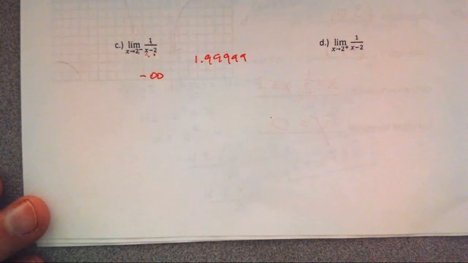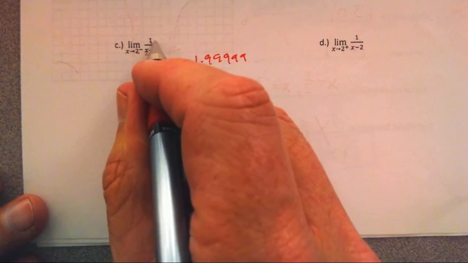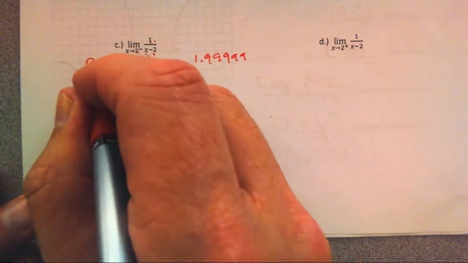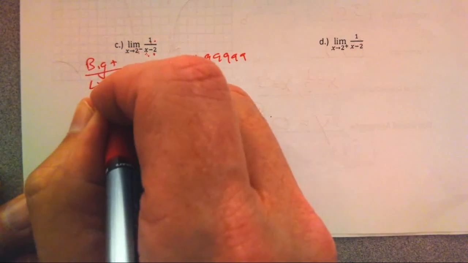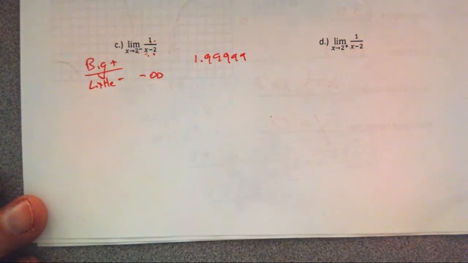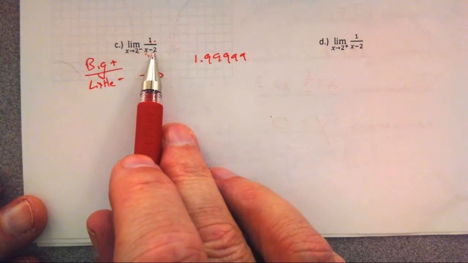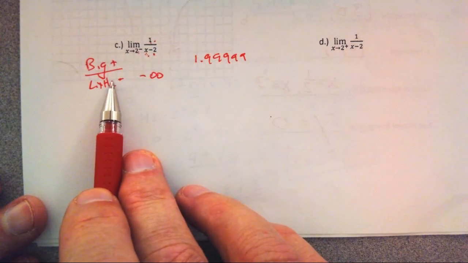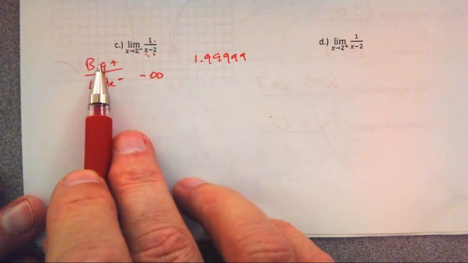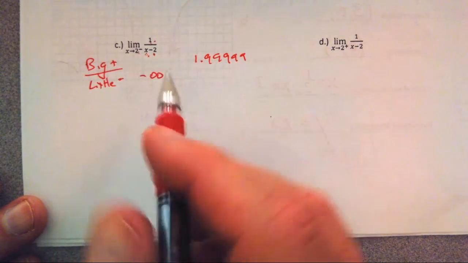Is that okay? Basically, yeah, 1's not big, but relatively, I'm going to have big positive over little negative as I get closer and closer and closer to 2 coming from the left. So big positive over little negative approaches infinity, but positive divided by negative is negative.